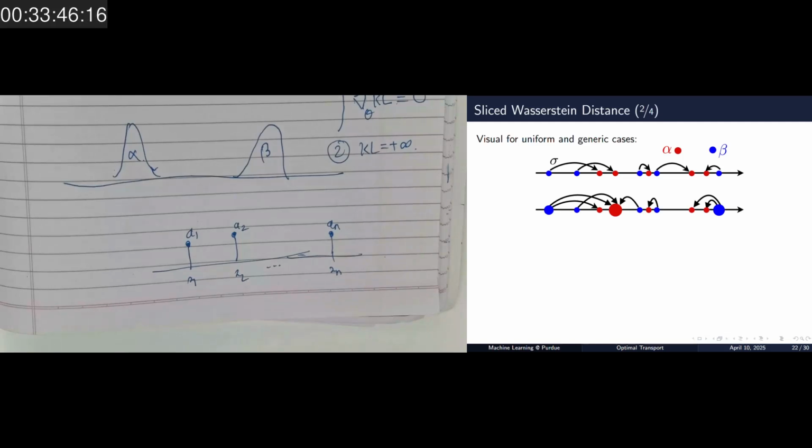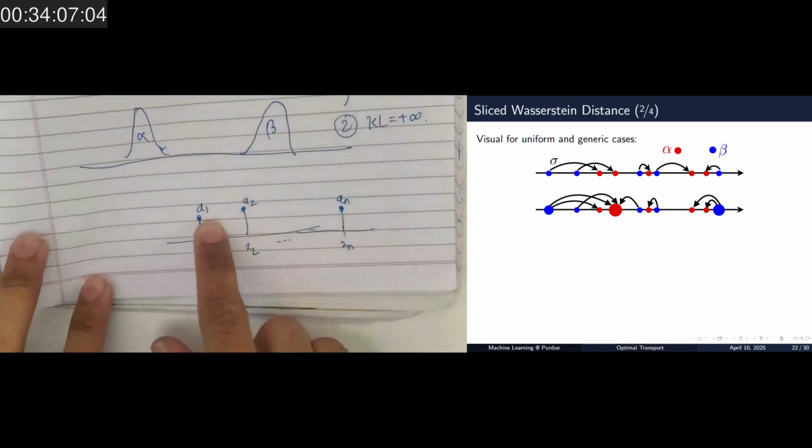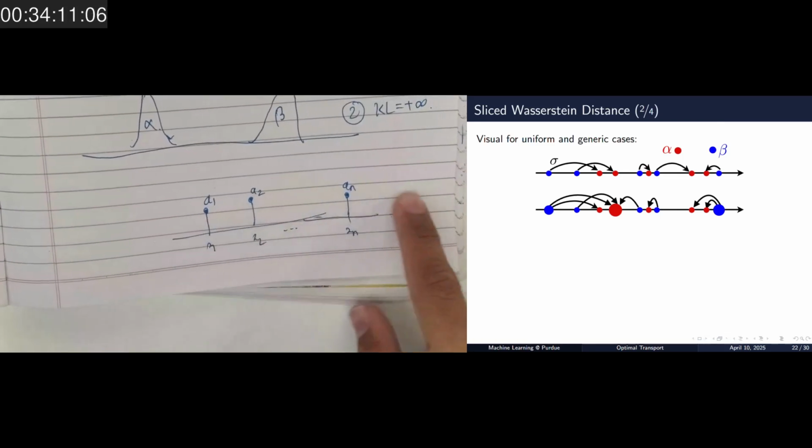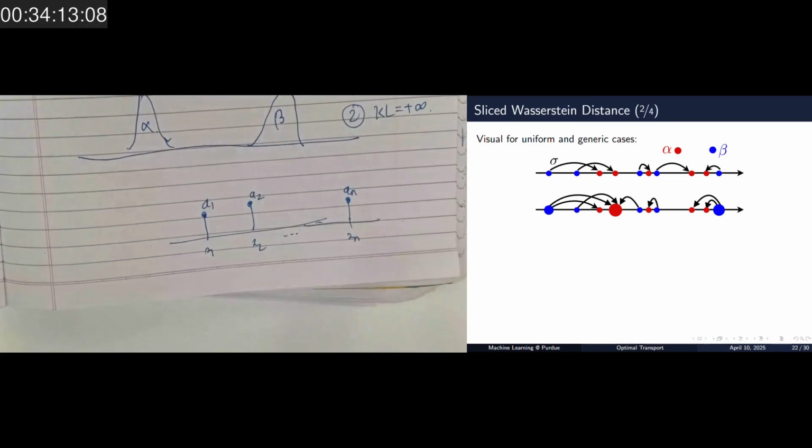Why do alpha and beta change size here? Shouldn't one of them remain constant? These are two different examples, right? So one example is the uniform case, where each of the x's has the same weight. So a1 equals a2 equals an, and b1 equals b2, and so on and so forth. No, I see.